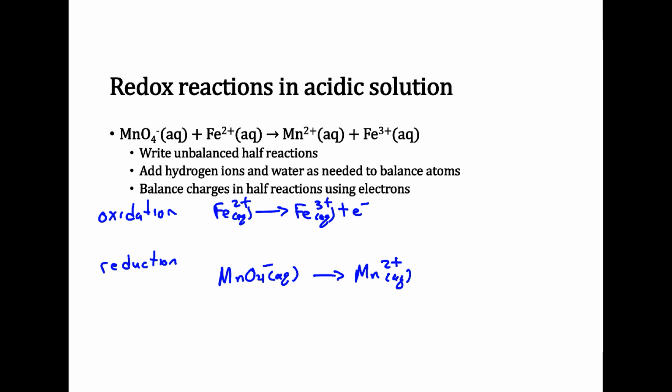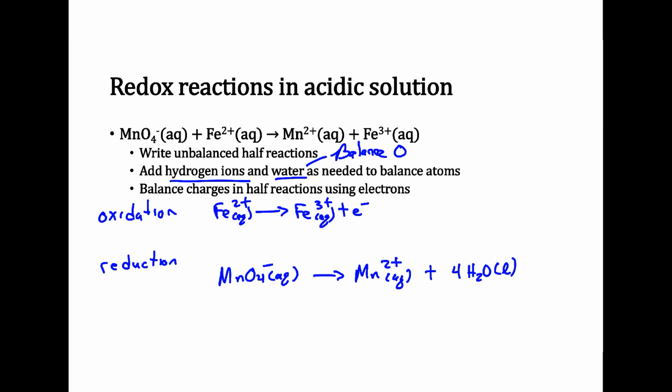So the first thing that we'll do is we will have to add hydrogen ions and water to balance the atoms. So we'll add water to balance the O's. We have 4 oxygens in the reactants, but we don't have any oxygens in the product, so we need to add 4 H2Os in the products.